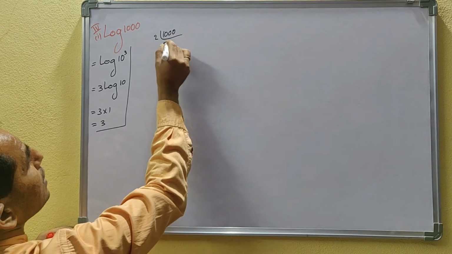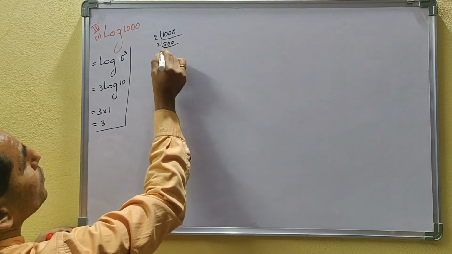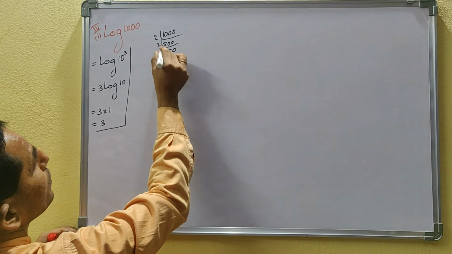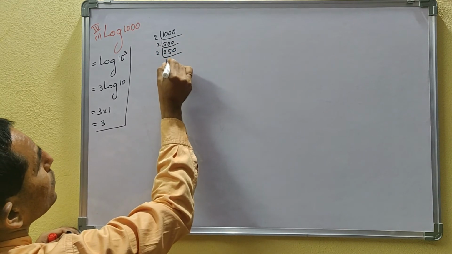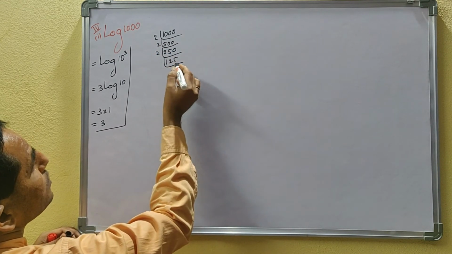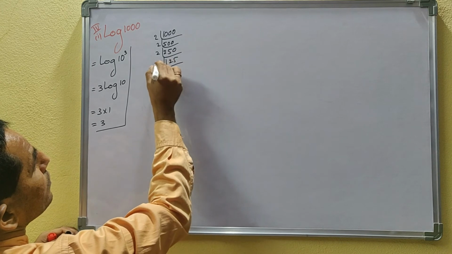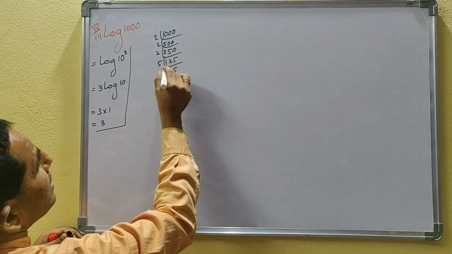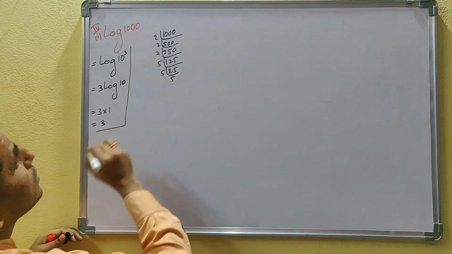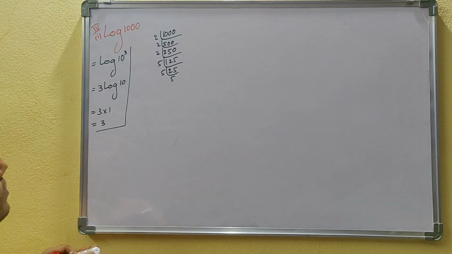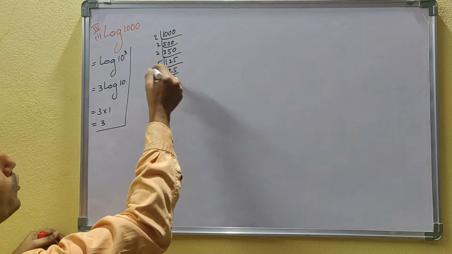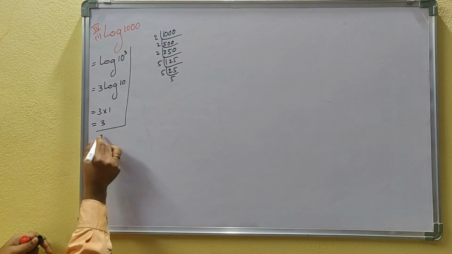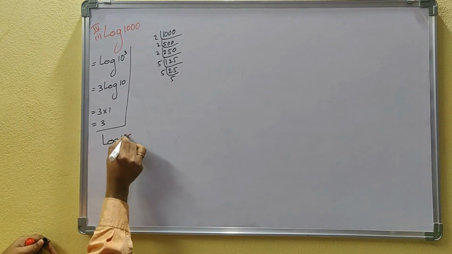So 2 5s are 10, 0 0, again 2 2s are 2 5s are 10, next 2 1s, 2 2s, 5s, next 5 2s, 5 5s, next again 5 5s. So here 1000 can be written as 2 cube and 5 cube. So here I will take log 1000.